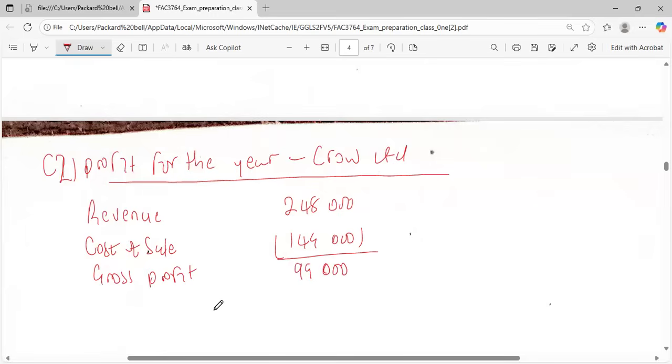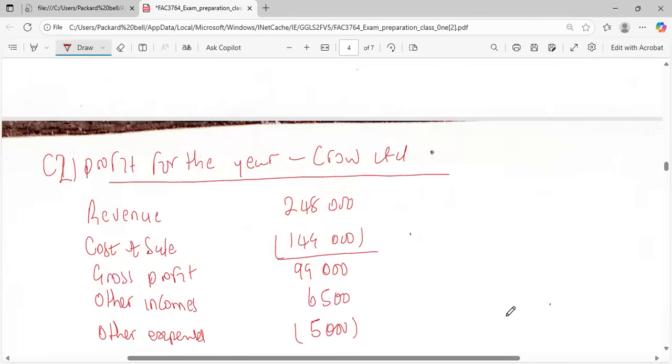Then after gross profit, we have other incomes. We say 6,500. Then we have other expenses of 5,000.